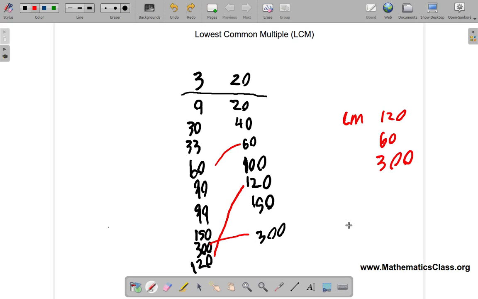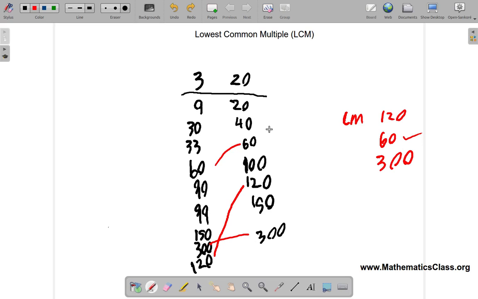Alright, so you get the idea. So these are some common multiples. We could have pointed out others, but the numbers will be getting larger and larger. But anyway, what is the lowest common multiple of 3 and 20? So far we are seeing 60. Alright.